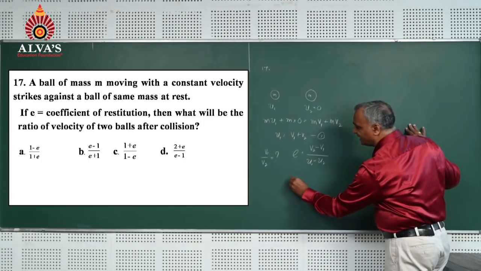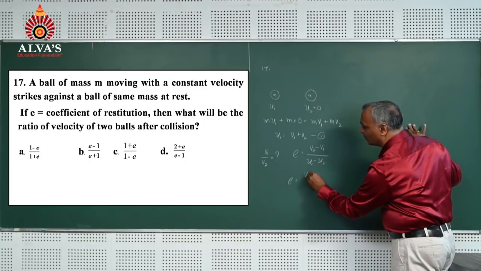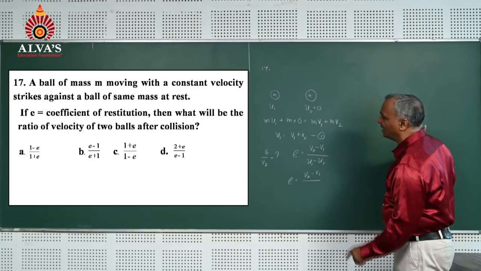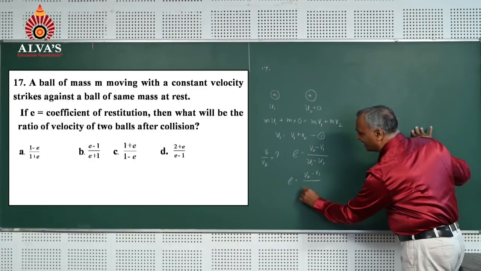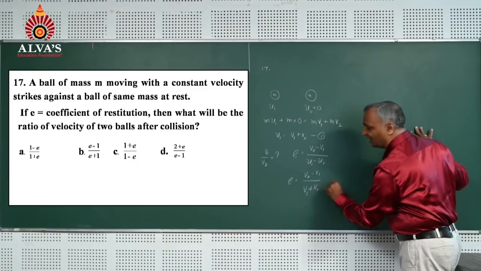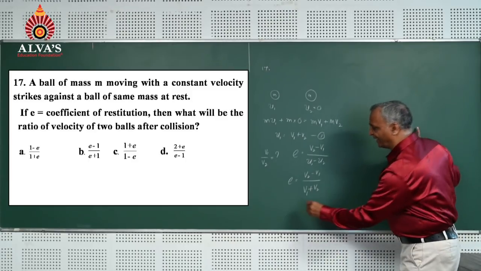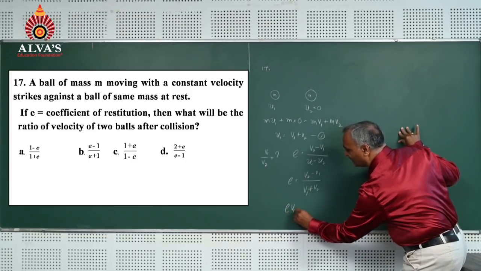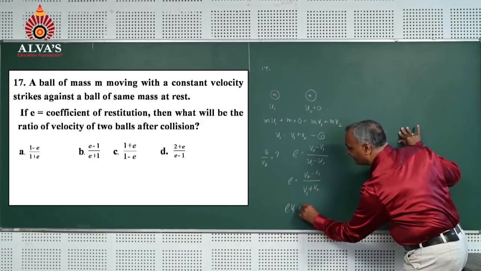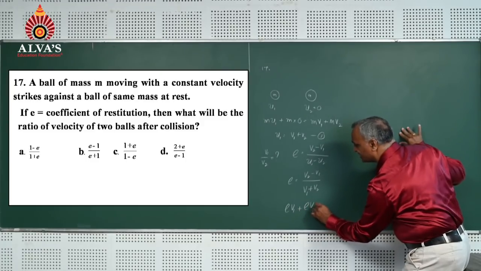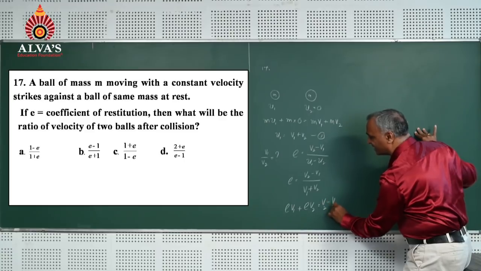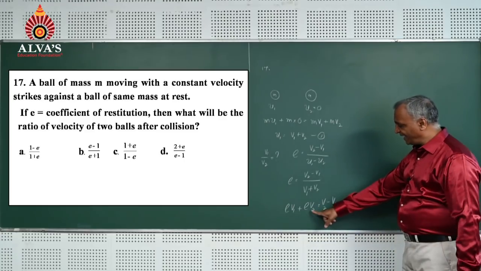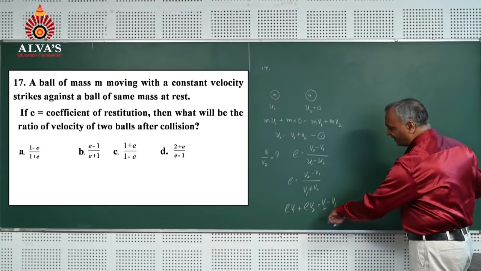And so E is equal to (v2 minus v1) by (v1 plus v2). If you cross multiply, I am going to get E into v1 plus E into v2 is equal to v2 minus v1. So let me take v2 this side and shift v1 that side.